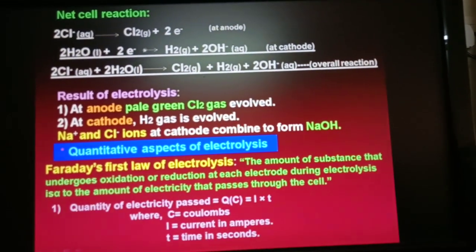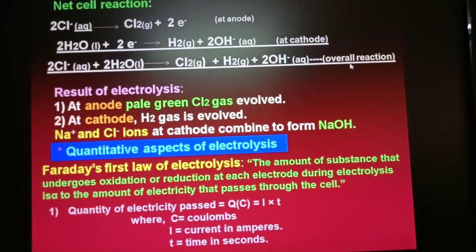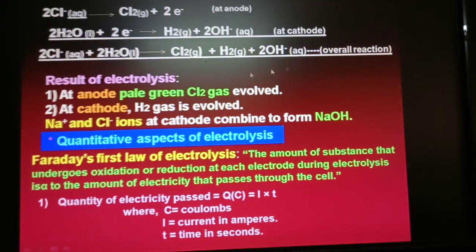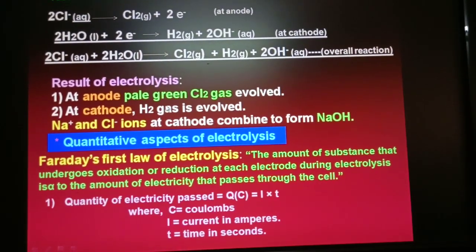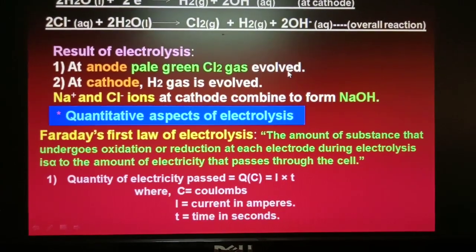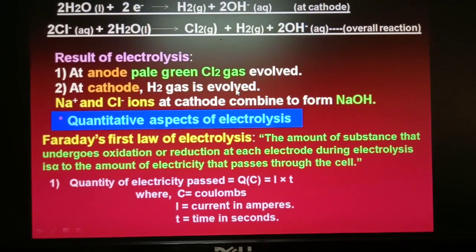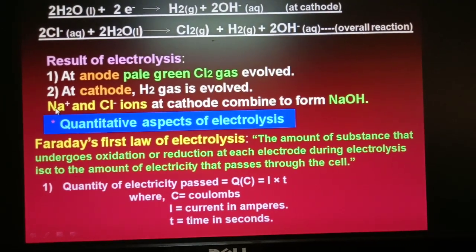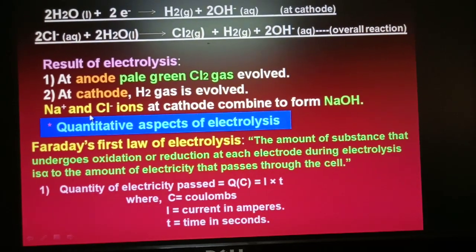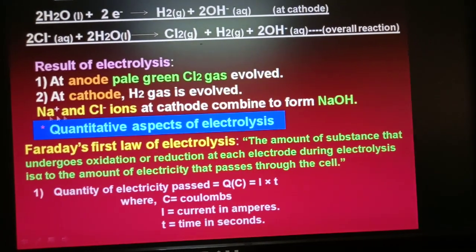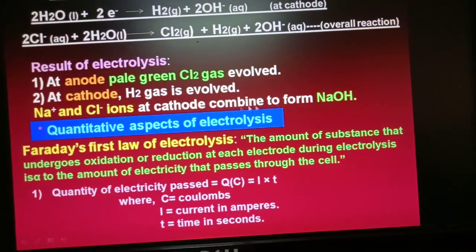Electrons that are donated and accepted need not be shown in the overall reaction. The result of electrolysis: at the anode pale green chlorine gas is evolved, whereas at the cathode H2 gas is evolved. Now Na plus and OH minus are available at the cathode, so they can combine to form NaOH.